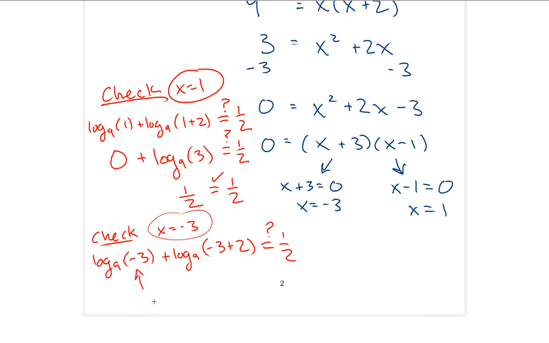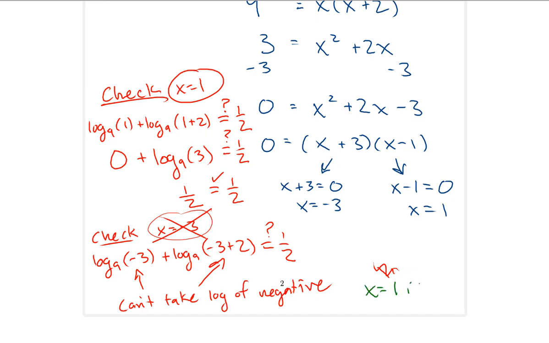That happens in both of these. Can't take the log of a negative. So that means that x = -3 is not a true solution. So what we can say is x = 1 is the only solution.